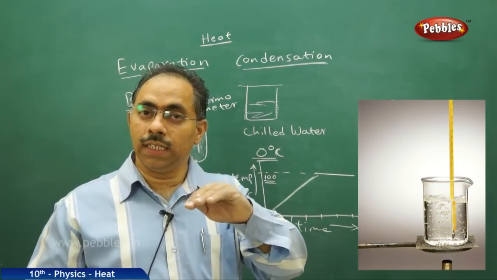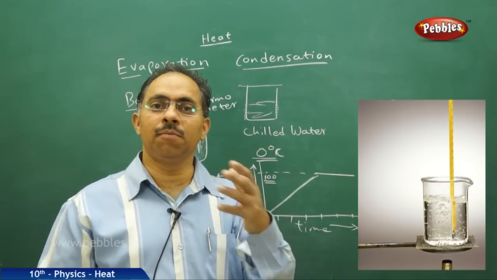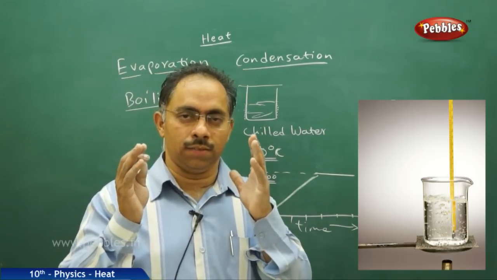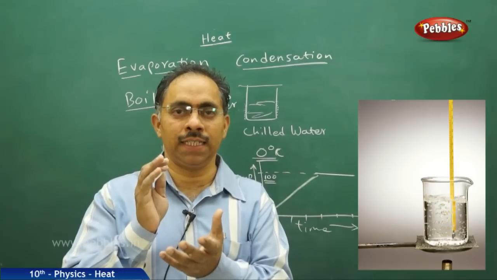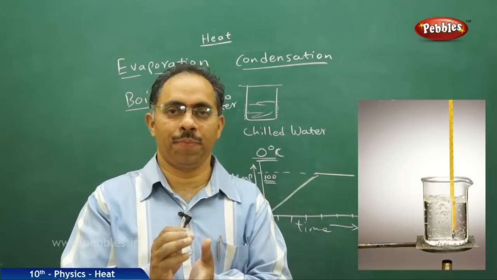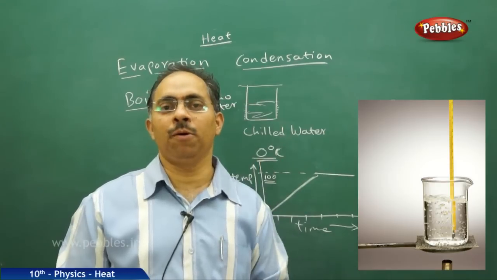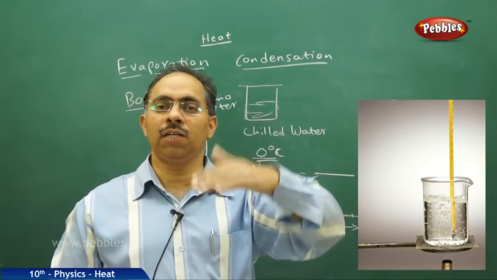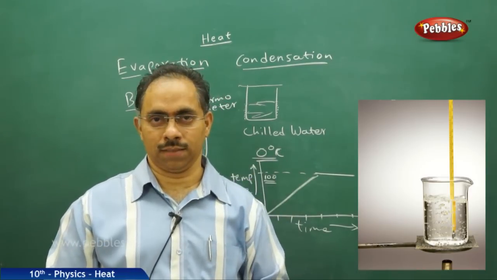So to increase the boiling point, what you will do is, you will cook the rice in a vessel, and that particular vessel is nothing but a pressure cooker. If you are using a pressure cooker, what is happening is, there is a pressure build-up over there, so the pressure over the surface of water is increasing, thereby increasing the boiling point of water.